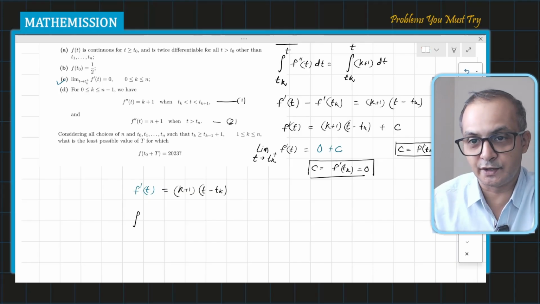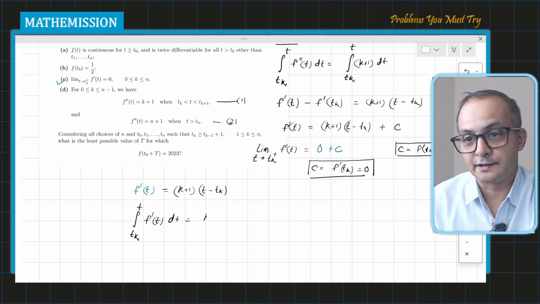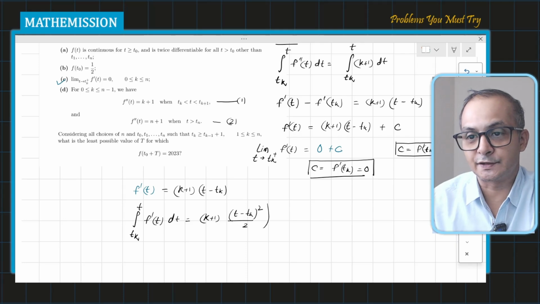Suppose I'm integrating from tk to t, f dash t dt, and on the right I get k plus 1, and if you integrate it you get (t minus tk) the whole square by 2, again from tk to t.